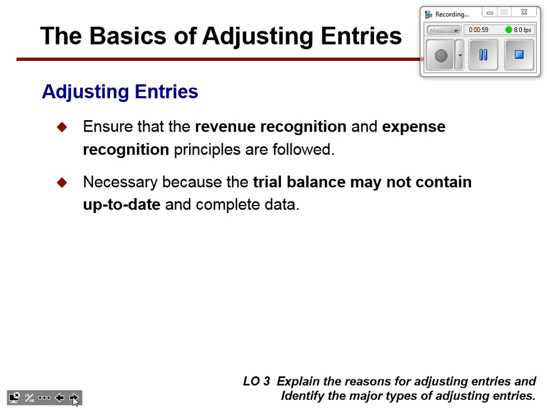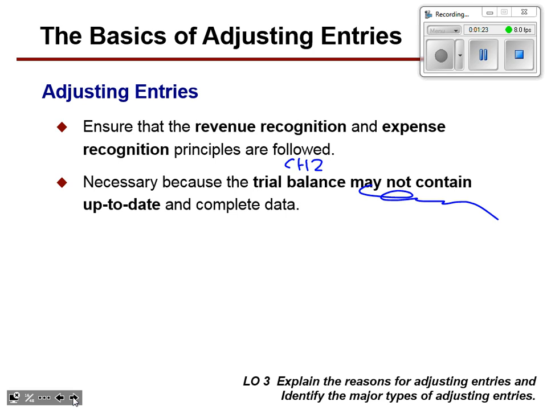They are not optional. They are necessary, because the trial balance, what you did in chapter 2, probably doesn't tell the whole story. In chapter 2, your trial balance said you had $1,000 of supplies. That was at the beginning. But have you used any of them? Yeah, you probably have.